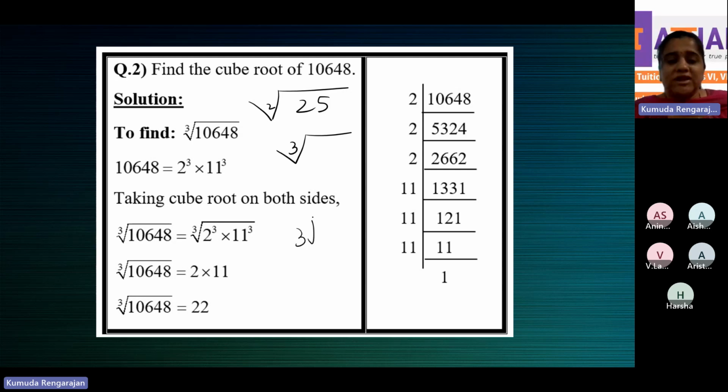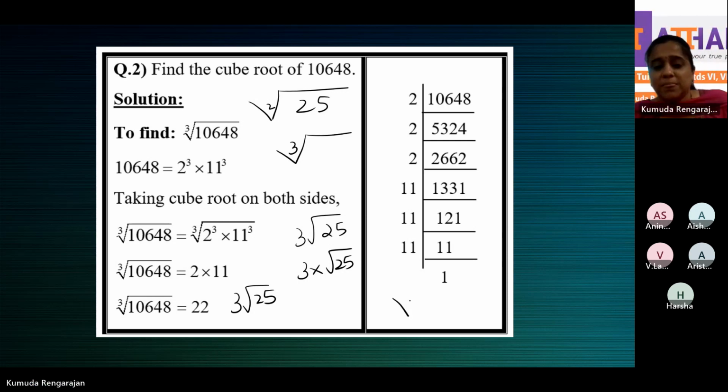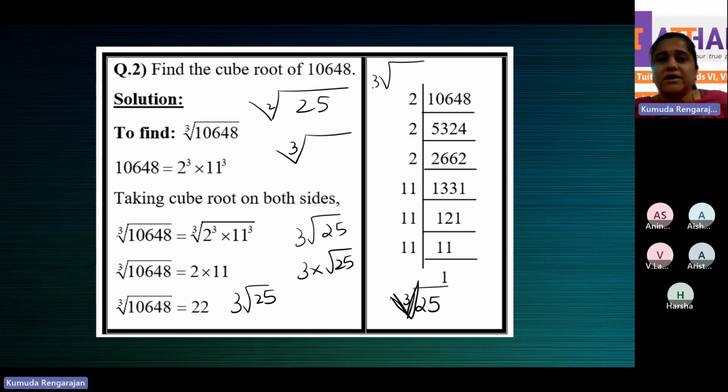Children should not write it like this, because this is 3 into square root of 25. This is different from cube root of 25. You need to write the 3 in the V here, and not outside.